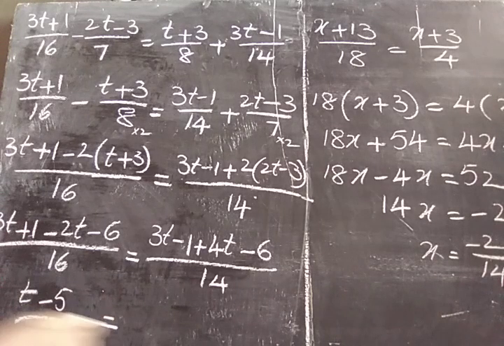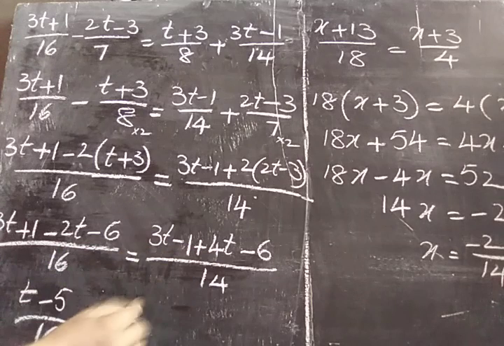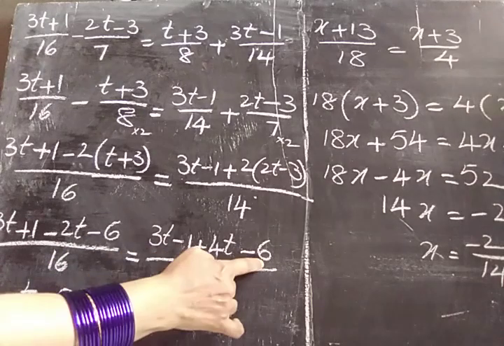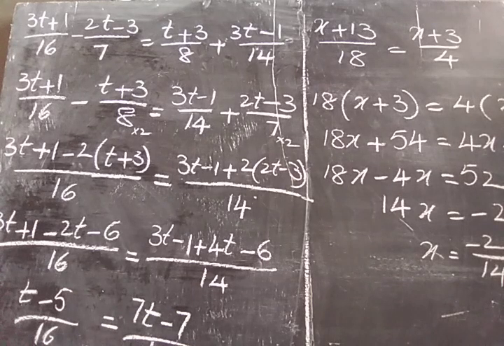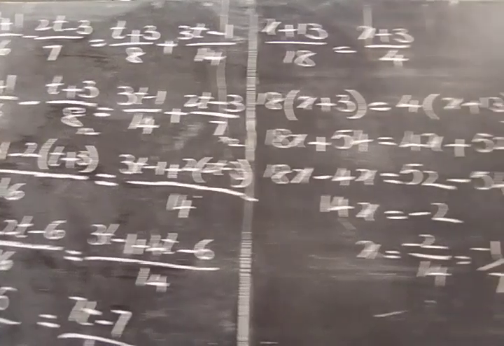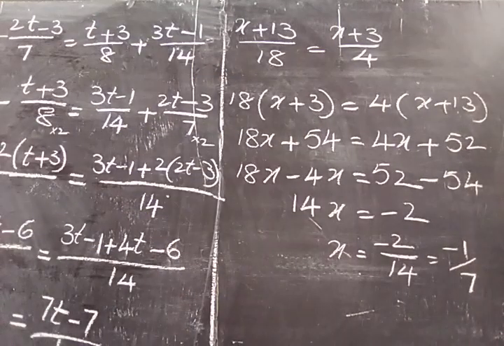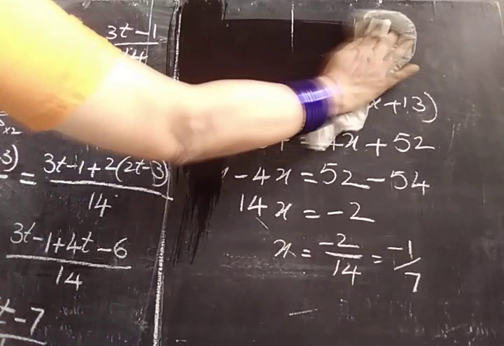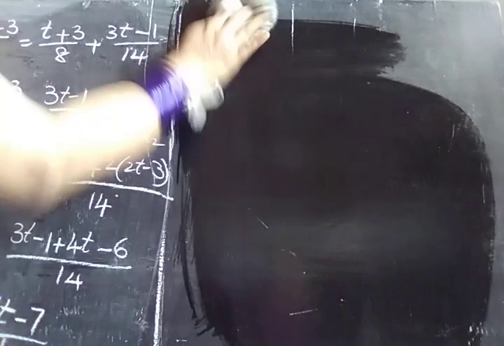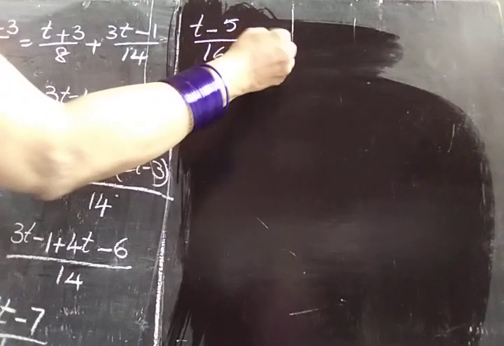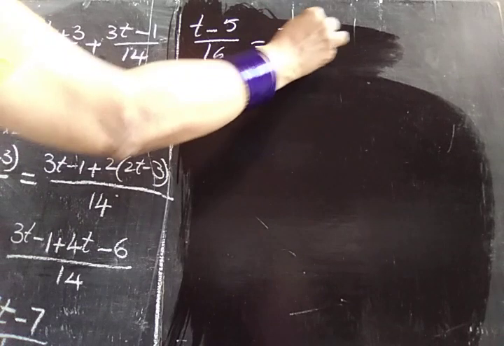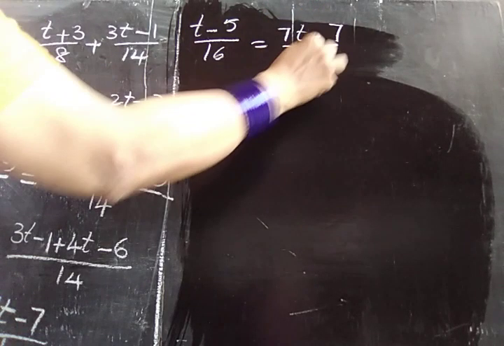Okay. Is equal to 3t plus 4t, 7t, minus 1 minus 6, minus 7, by 14. Simplified, got it? Now like this only you have to do this one. Cross multiplication you have to do. Now (t − 5)/16 is equal to (7t − 7)/14.